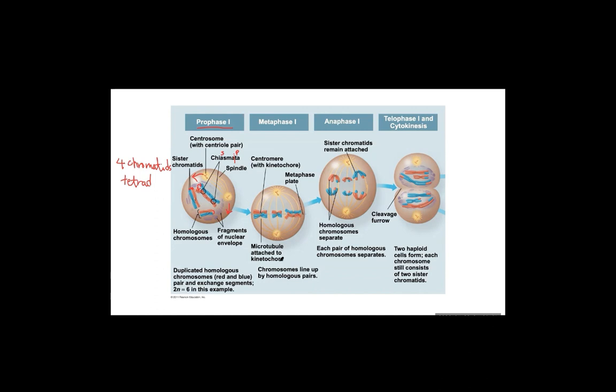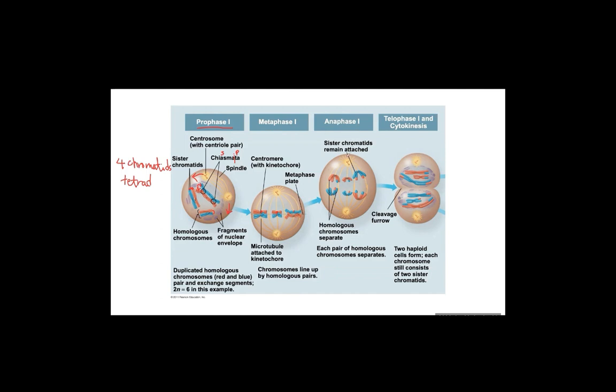Kinetochore is a protein complex associated with the centromere region. So you can see spindle fiber attached to the kinetochore in the centromere region. Chromosomes line up by homologous pair. That is the chromosomal behavior during metaphase 1.